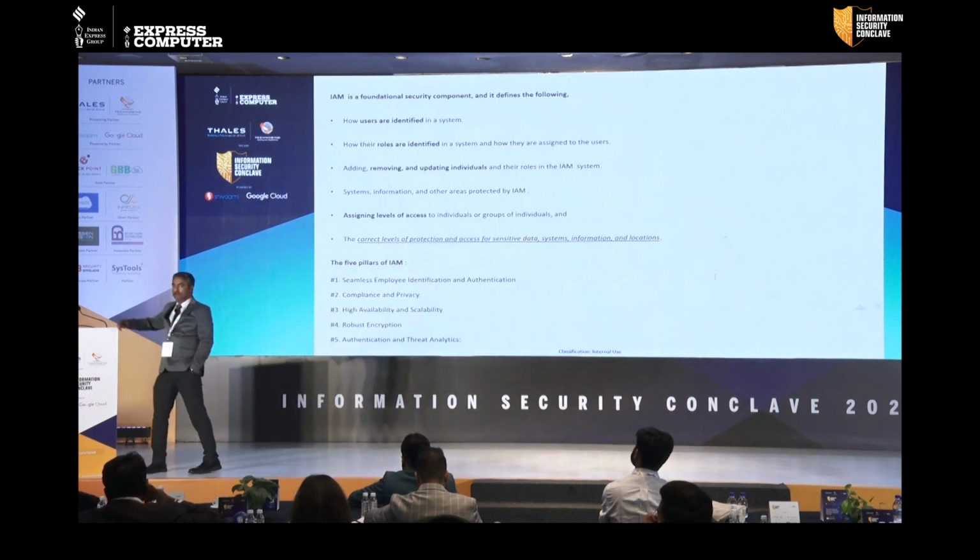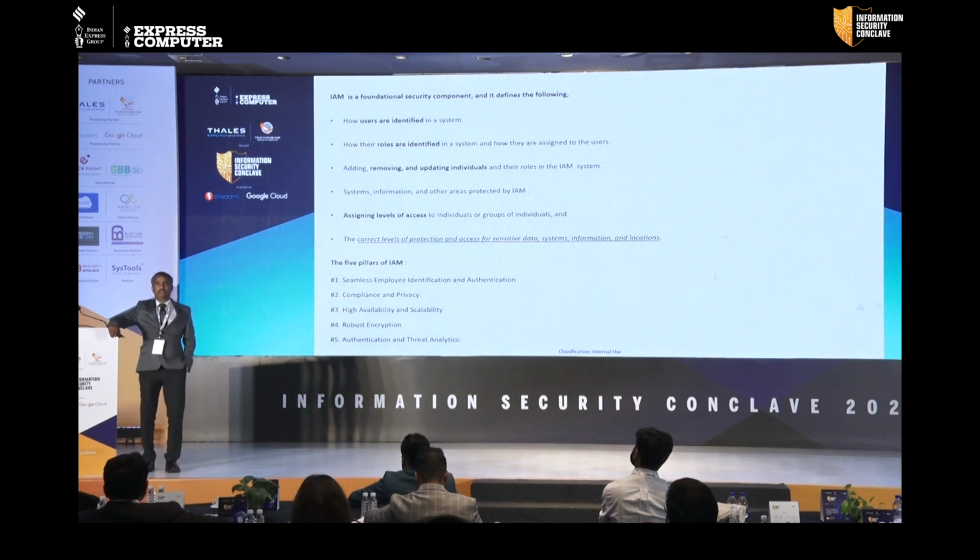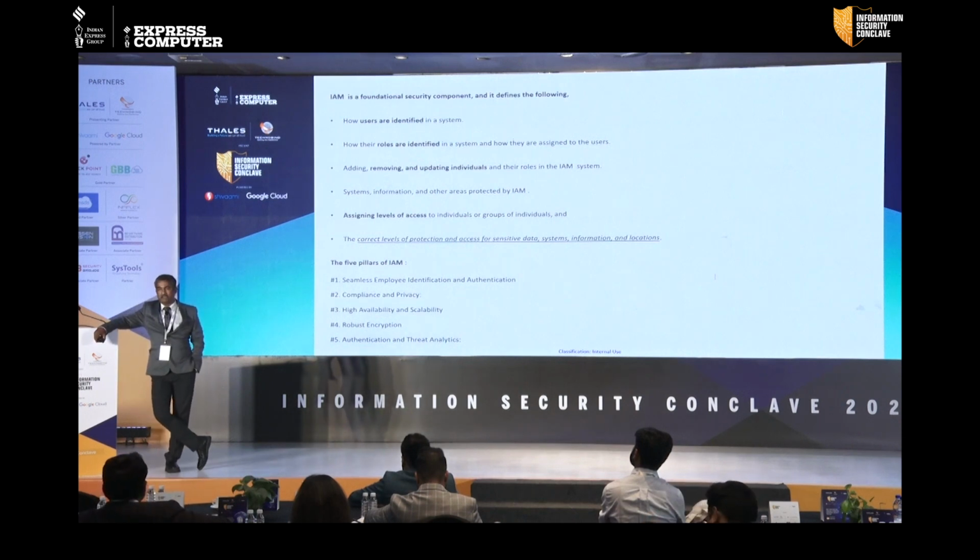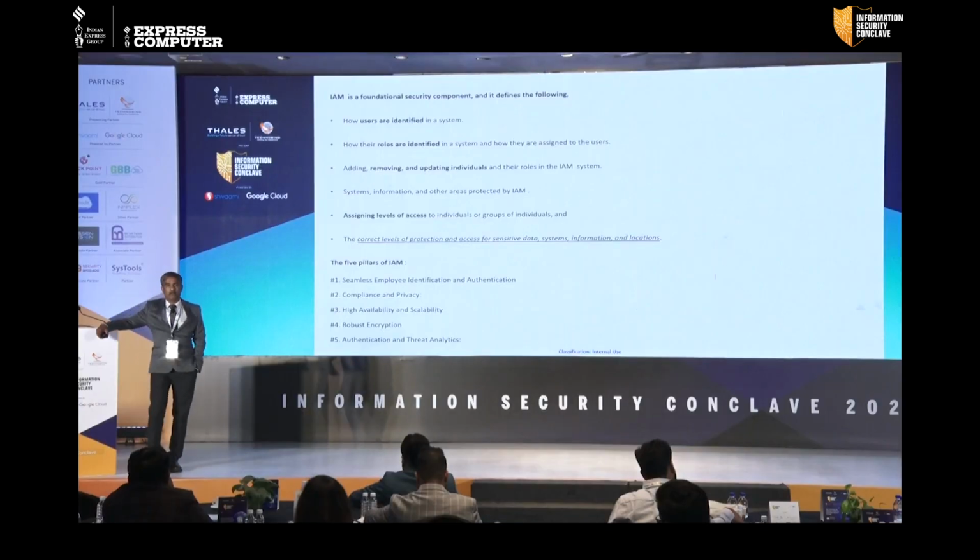When we do an identity governance check across organizations, we found tons of stale identities still existing even after the purpose has been achieved. We know shadow IT exists, but we all have to agree that shadow identities also exist, and there are identities in larger organizations which are controlled by regulations, under regulatory purview.